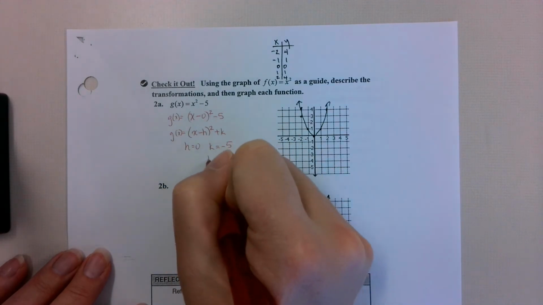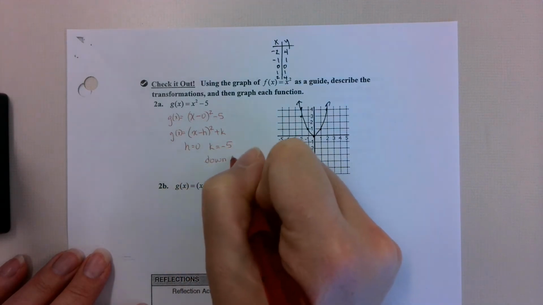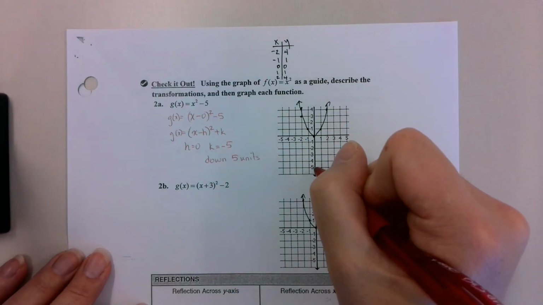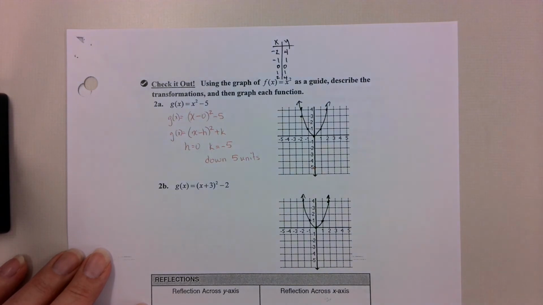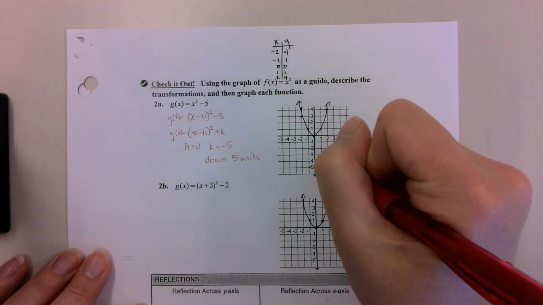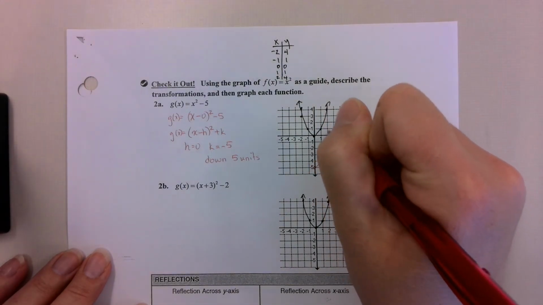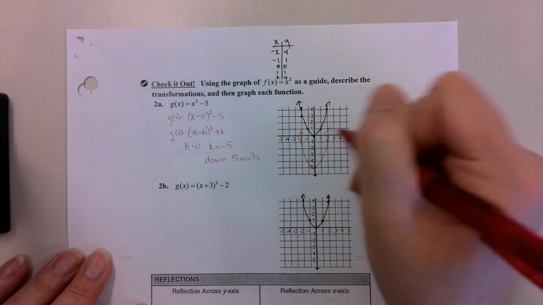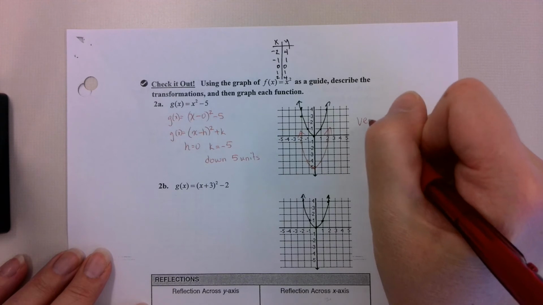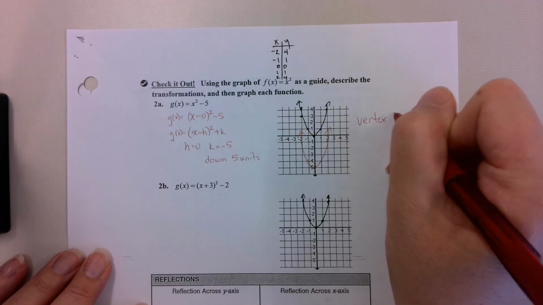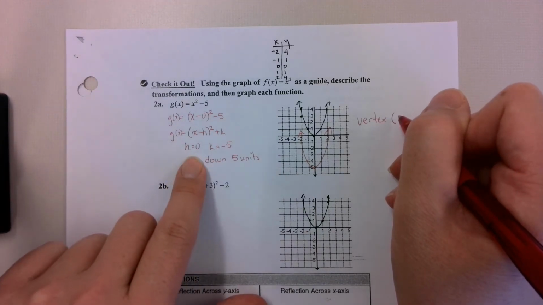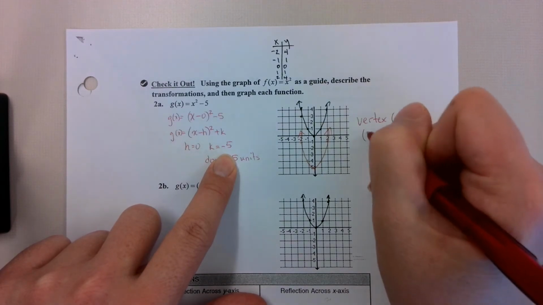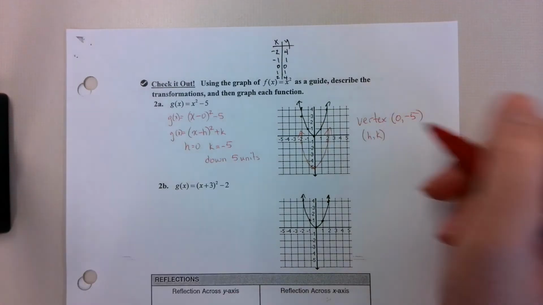So we are just going to move our graph down 5 units. So I'm going to take this, I'm going to adjust it down 5 units to 0, 0, and again, I'm just going to do a quick sketch of what it looks like. The vertex, again, I'm adding this on because we're going to use this later. The vertex is at 0, -5. So you can find the vertex by using the h and the k values.